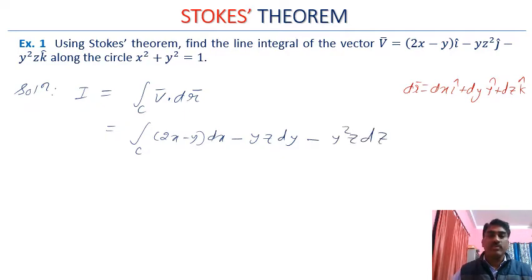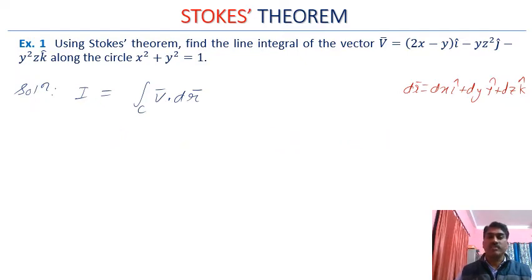One way to integrate this is along the curve and integrate these three parts separately, but this seems a little hectic, so let us use the theorem. What the theorem says is that this is equivalent to a surface integral of curl of v over ds. Now you should find what the ds is.